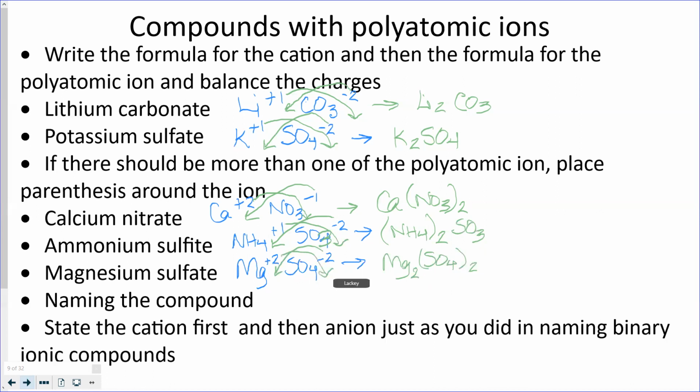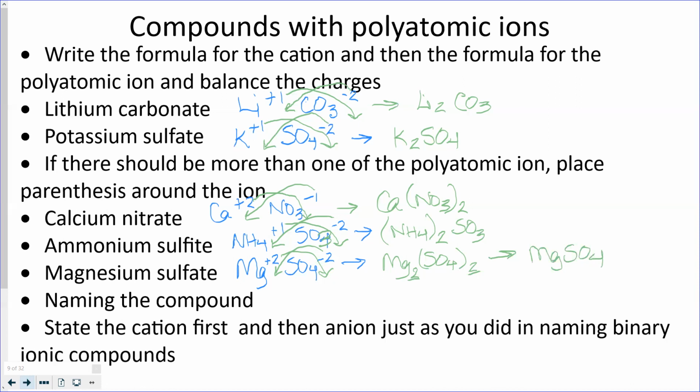Now notice here we crisscrossed over a 2. There are 2 subscripts that are divisible by 2. It cannot be the subscript that is part of the polyatomic ion, but if we have multiples of that polyatomic ion, we can reduce this to just MgSO4. So there will end up being 1 of each of those in that formula. So you can reduce it if the subscript is outside of parentheses, but if it is part of the polyatomic ion, you cannot reduce it.